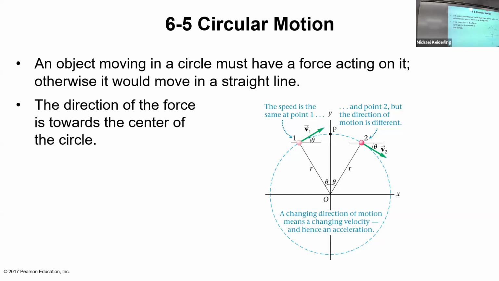So here, for example, as this moves in a circle, it has to have a force moving it towards the center. The force is coming from the string. It's pulling in towards the center.